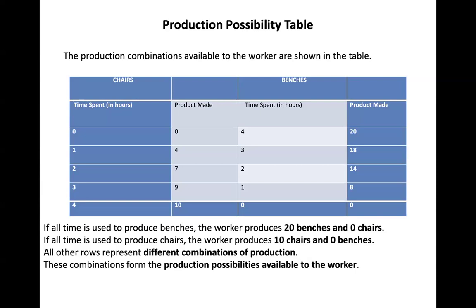If he uses all the 4 hours in producing benches, he can produce 20, but 0 chairs. If he uses 3 hours, he can produce 18. So on the table, you are just considering the product made. The same thing applies to the curve.